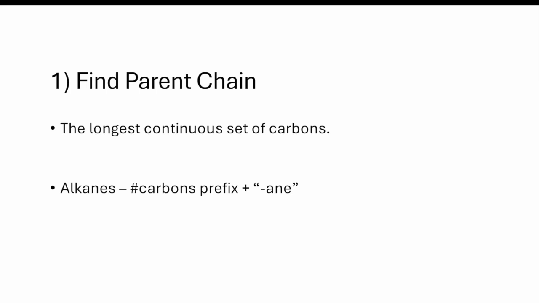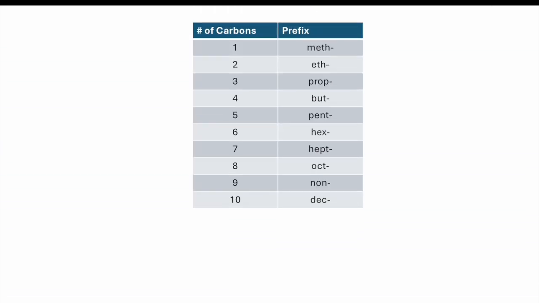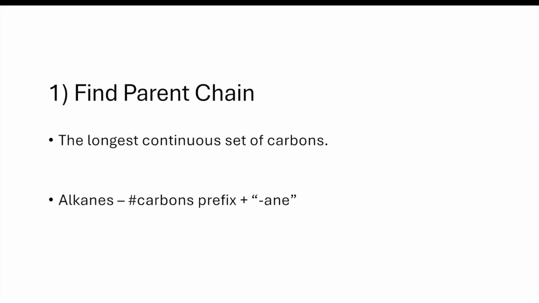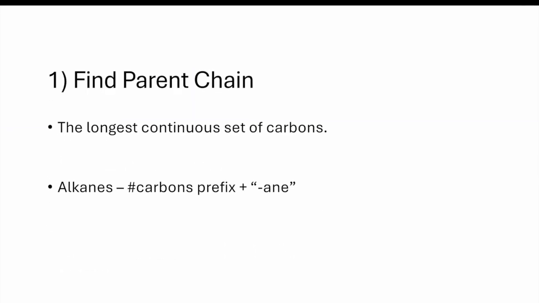We're going to use our number of carbons prefix for our parent chain to describe how many carbons there are. And different functional groups have different suffixes, different endings that you'll tack onto the end of the name. For alkanes, which is our first functional group, you're going to use the ane ending. So your number of carbon prefixes plus that ane ending.